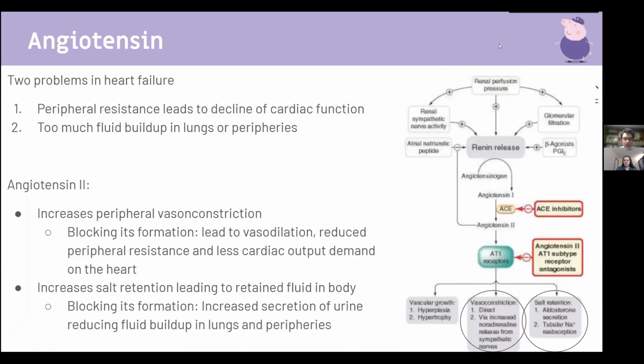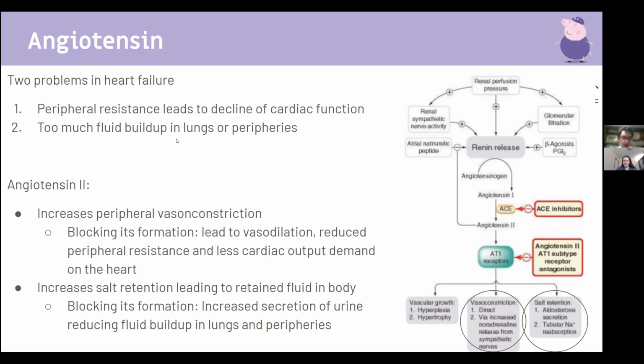So the first thing we're going to talk about is angiotensin. And this is going to be quite complicated for you because you don't know how the kidneys work, but we'll do our best. And really all you need to understand is that angiotensin 2 acts on angiotensin receptors. And when it acts on angiotensin receptors, it leads to vasoconstriction, which increases afterload, and salt retention, which increases the fluid in the body.